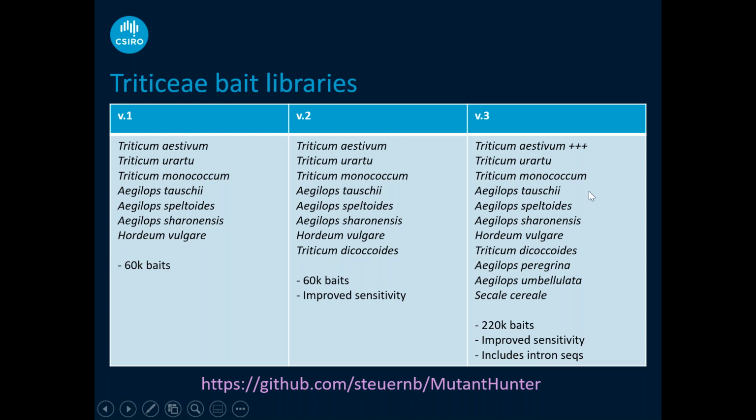Whereas version 3 incorporates a lot more varieties. So this is more improved in sensitivity, and it also includes some conserved intron sequences, which is quite useful, as well as rye. And the sequences for these can be found on this website here.